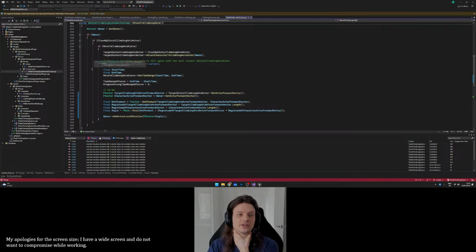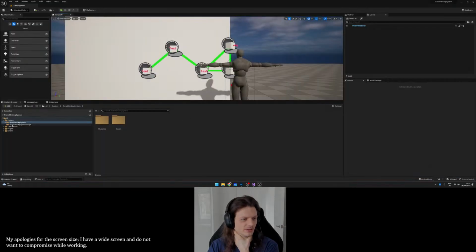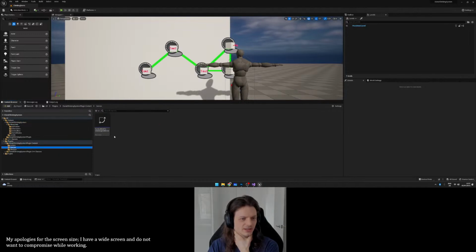Ah, I see. So I guess the curve is the Unreal Engine thing, right? So if I go into the climbing system here, blueprints maybe, no. Maybe it's in the plugin itself. Content, here we go. Curves, yeah. Move to climbing hold actor.